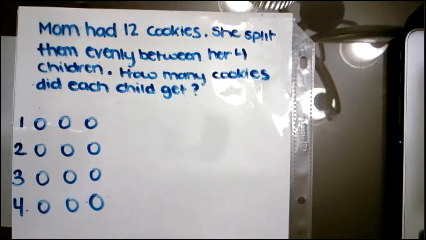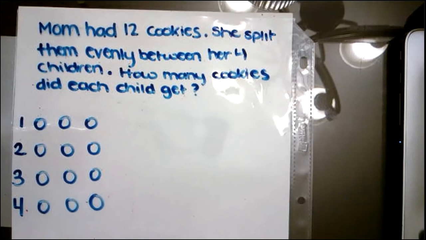Great job, friends. So now we've created our array. We can tell how many cookies each child gets. So look at each row and tell me, how many cookies did each child get?